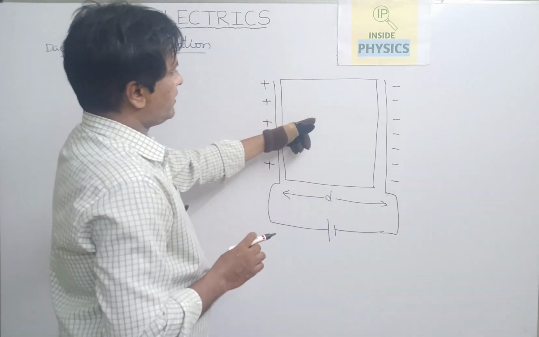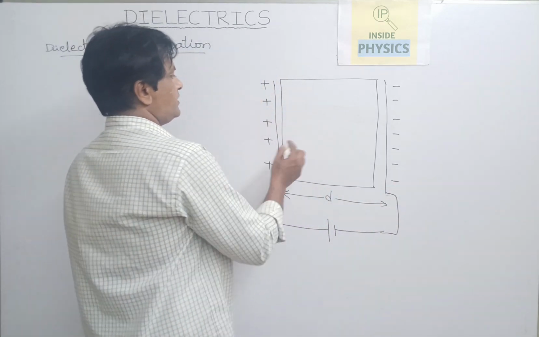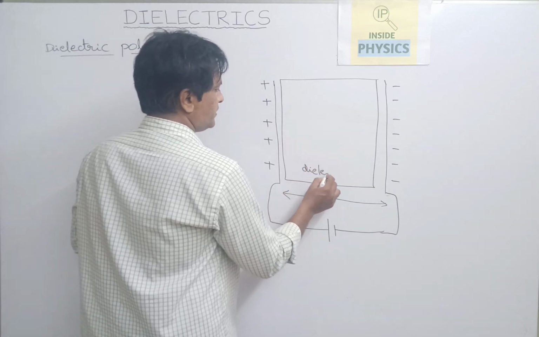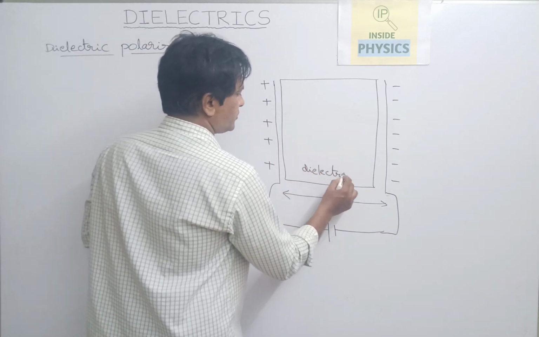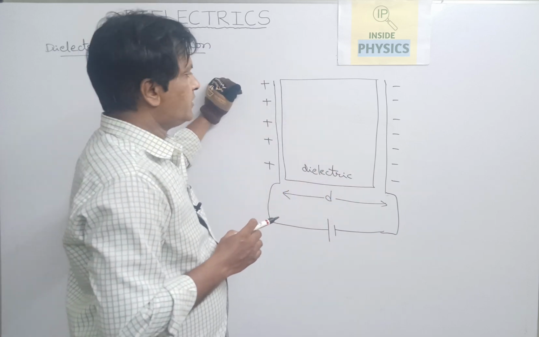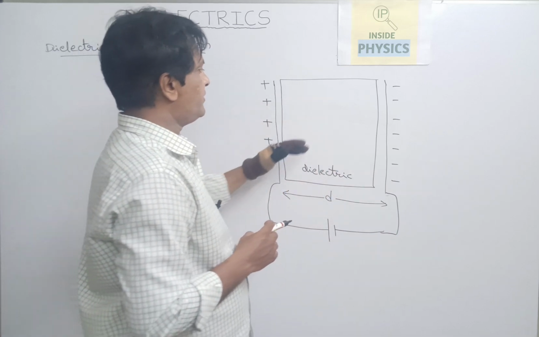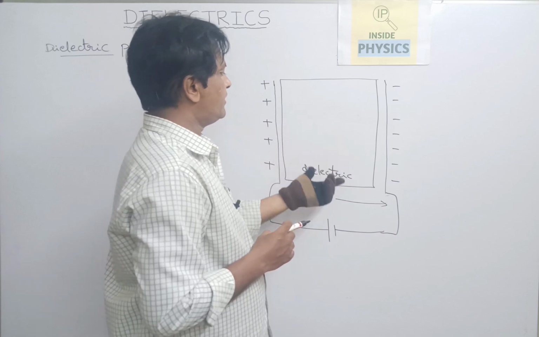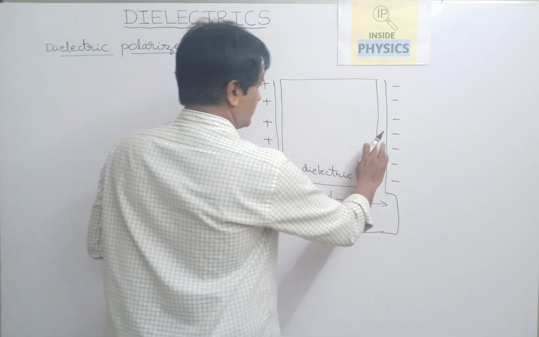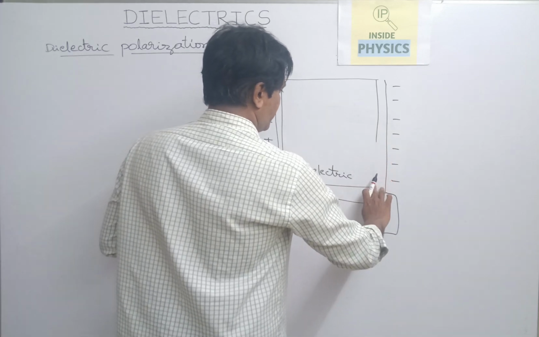Here, this is a dielectric slab. This slab is introduced in place of the air medium, air or vacuum, which is there before the dielectric material is introduced between the two metal plates.